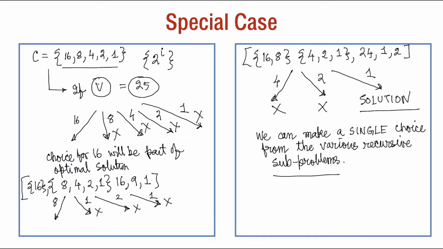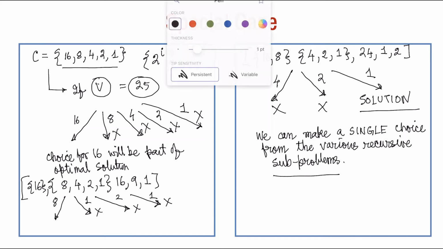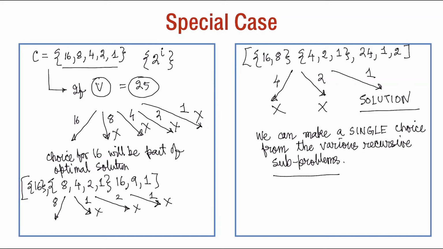But if you notice our common coinage problem, where we are given a set of coins, and if we are allowed to choose any amount of the same coin, see our coinage system has got 100, 50, 25, 20, 10, 5. This was our original coinage system.